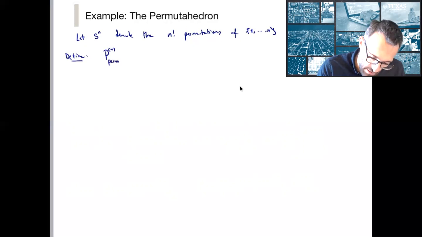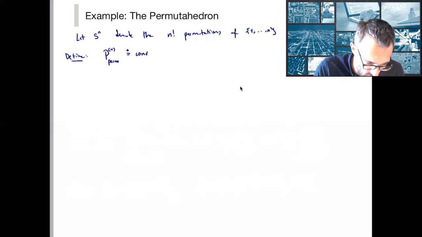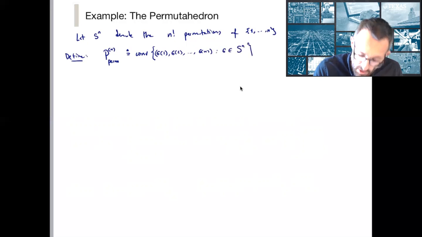This is going to be the convex hull of n factorial extreme points, one corresponding to every single permutation of the vector 1, 2, 3, all the way up to n. So in other words, it'll be the convex hull of the points (sigma(1), sigma(2), ..., sigma(n)), where sigma is a permutation.